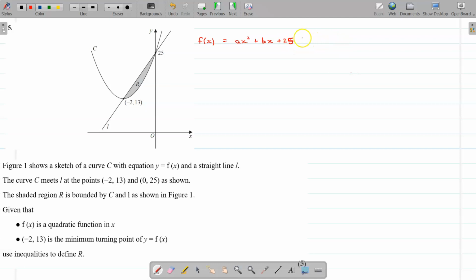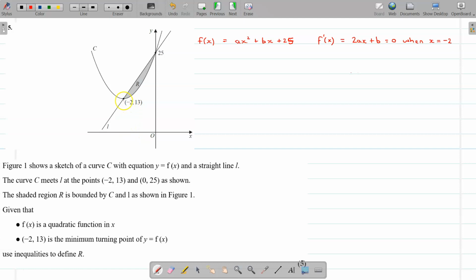Now, going on from that, I would work out the derivative, f dashed of x, and that's going to be 2ax plus b, and I know that that's going to equal 0 when x equals negative 2, because the question tells me that at the point when x is negative 2, it's a minimum point on the graph of f of x.